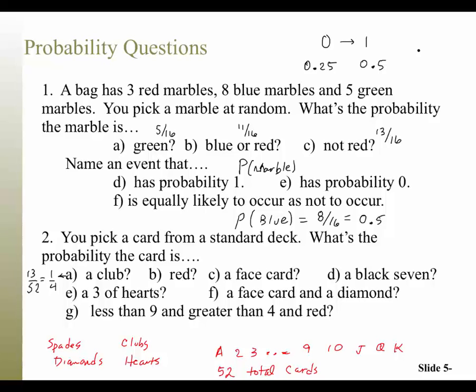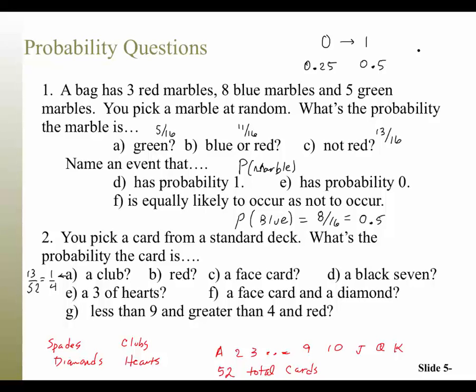So relative frequency was the portion of all the data that was a certain situation, a certain event. So these are like twins. The idea of relative frequency and probability are almost one and the same. Why? Because the relative frequency of getting a club is 0.25, and that's what the probability of getting a club is.